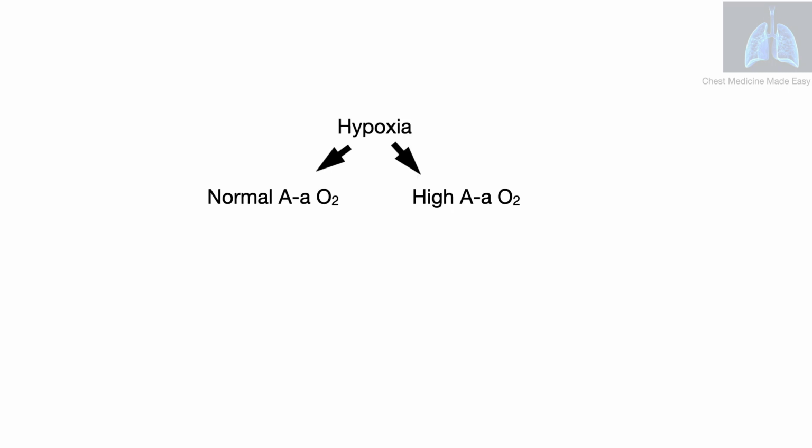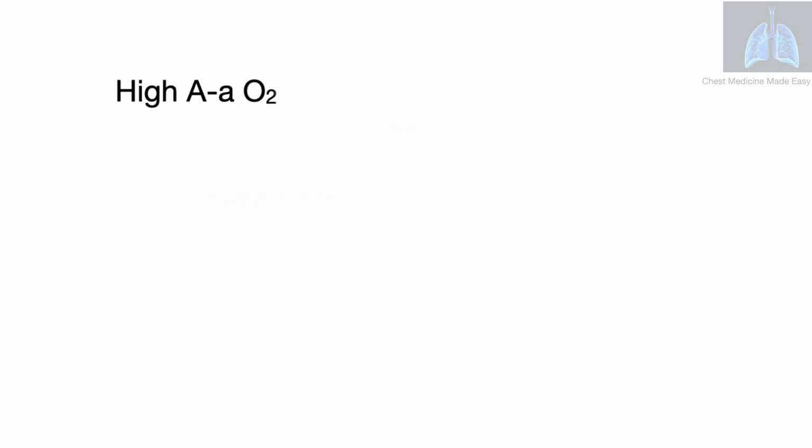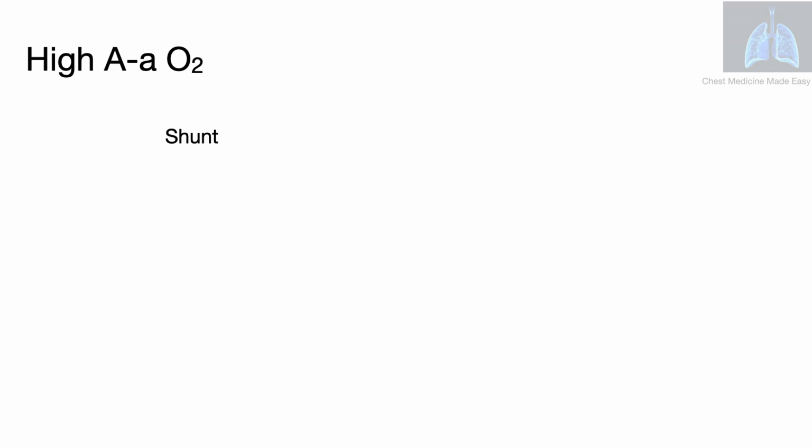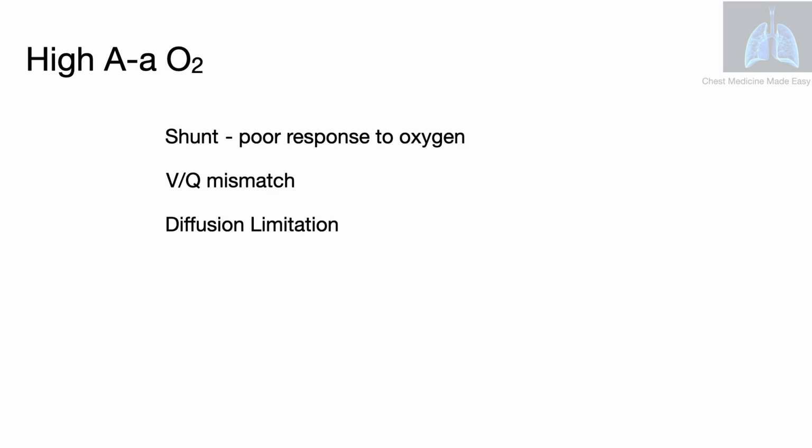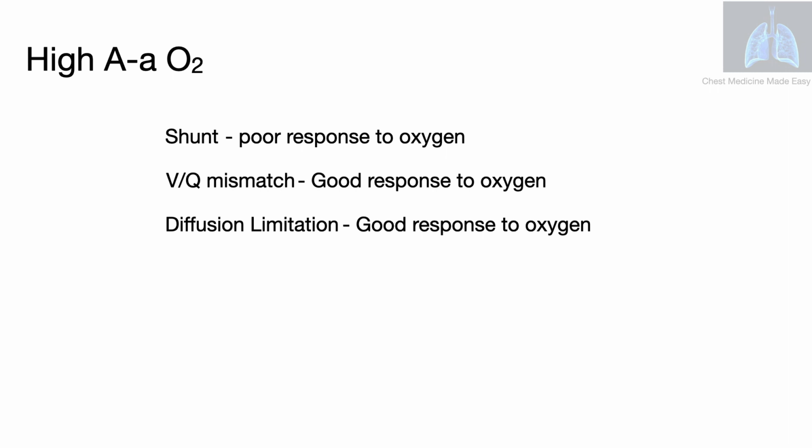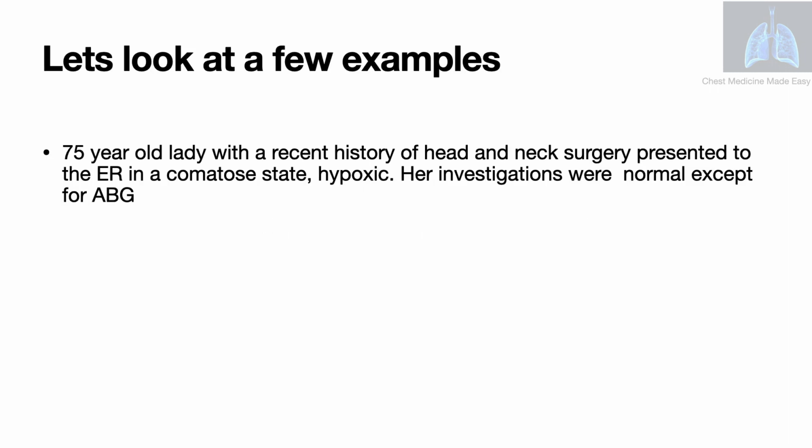In a hypoxia with a high AaO2 gradient, it could either be a shunt, a VQ mismatch, or a diffusion limitation. Shunts generally respond poorly to oxygen. A VQ mismatch or a dead space effect responds well to oxygen, and diffusion limitation also shows good response to oxygen supplementation. Let us look at a few examples to illustrate our point.